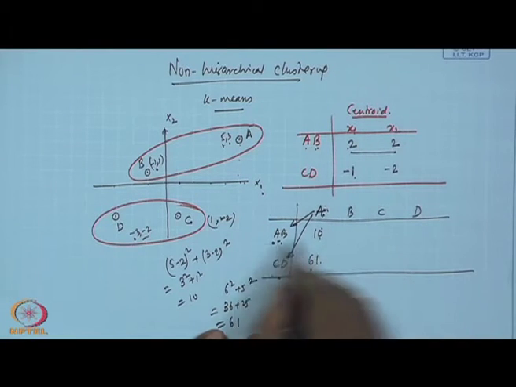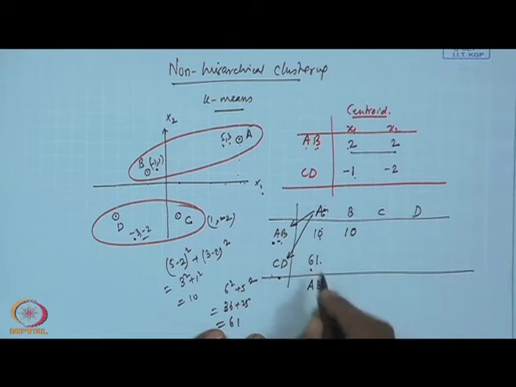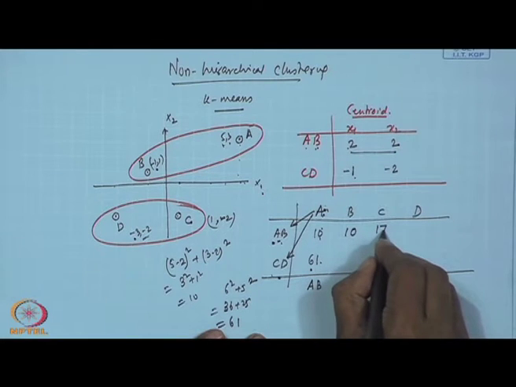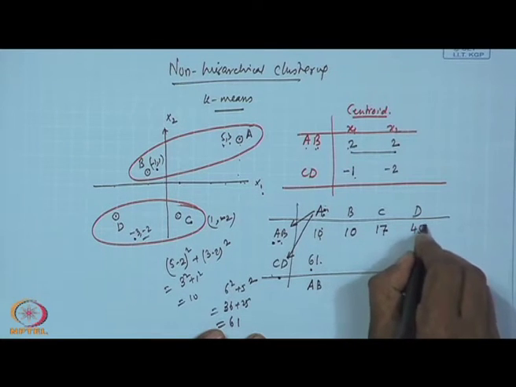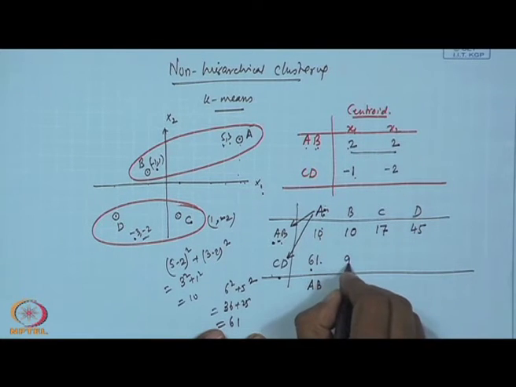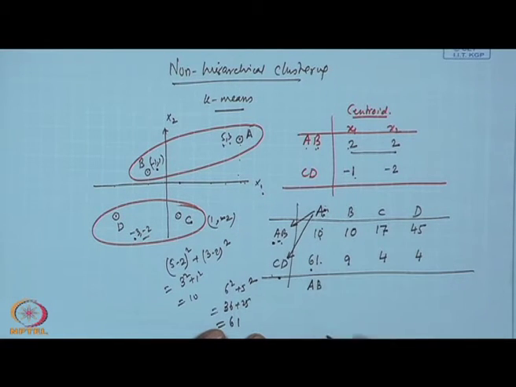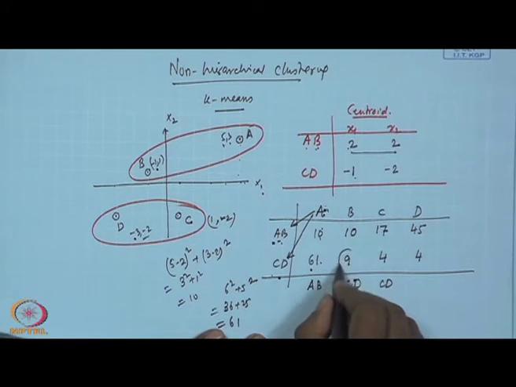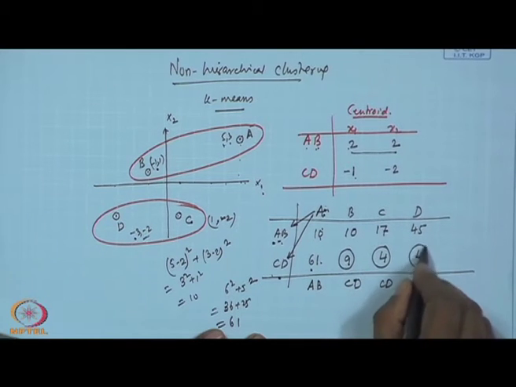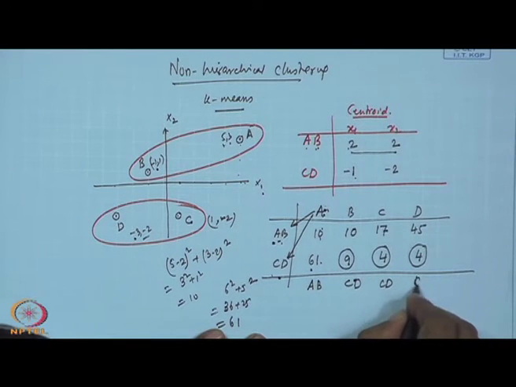Similarly, if you compute for B, this will be 10, then this will be 17, this will be 45, this will be 9, this will be 4, this will be 4. And if you compare now, B should come under CD, C should come under CD because these are the lowest values, and D should come under CD.